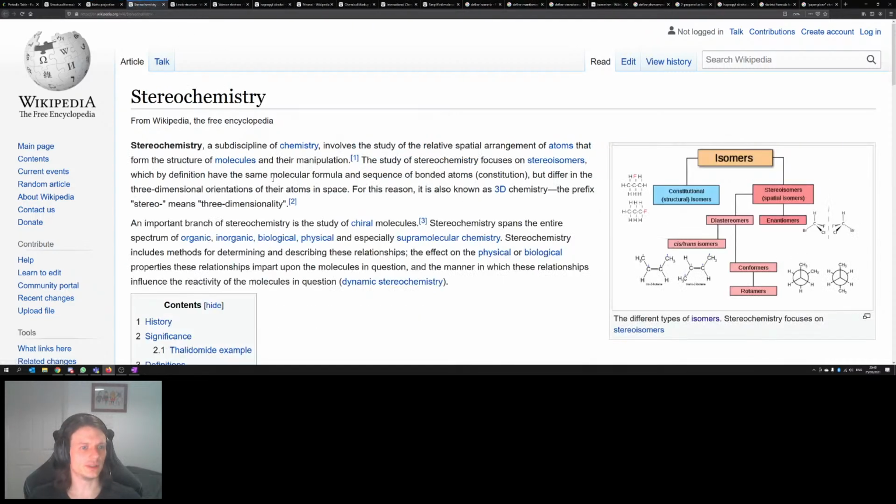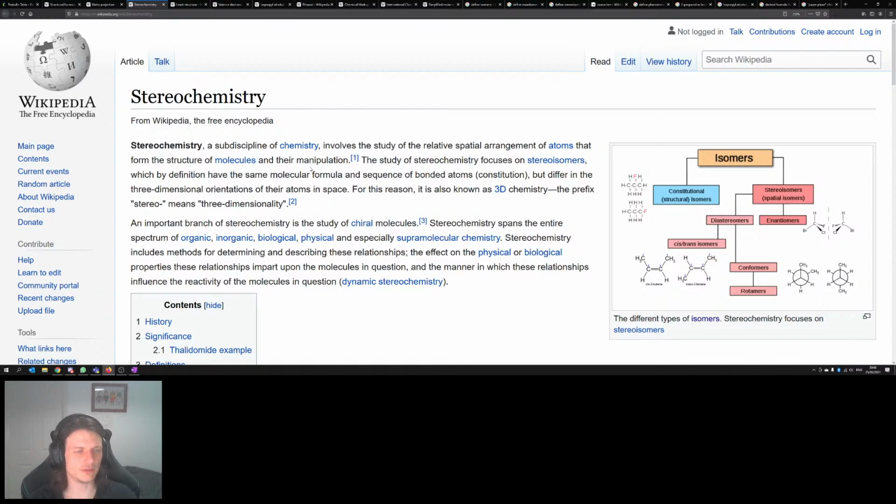I'm going to have to read this properly. Stereochemistry is a subdiscipline of chemistry. It involves the study of the relative spatial arrangement of atoms that form the structure of molecules and their manipulation. The study of stereochemistry focuses on stereoisomers, which by definition have the same molecular formula and sequence of bonded atoms, constitution, but differ in the 3-dimensional orientations of their atoms in space.